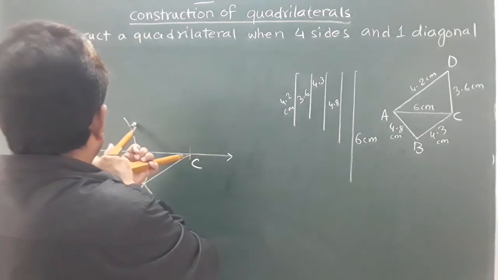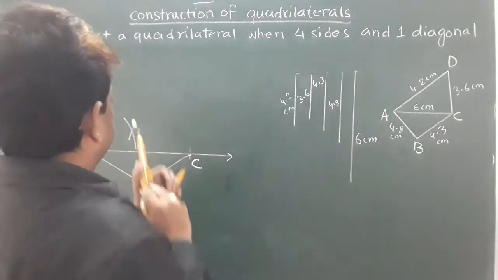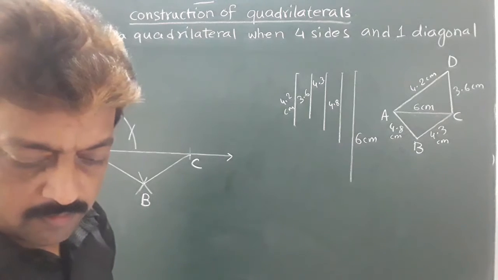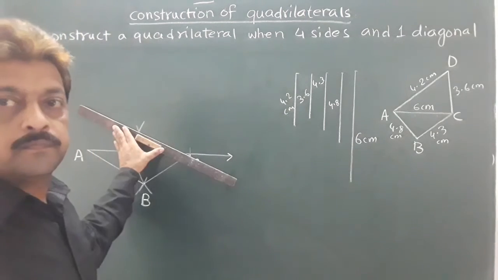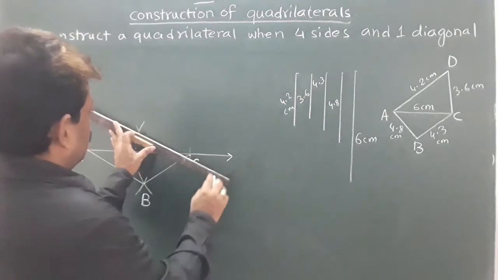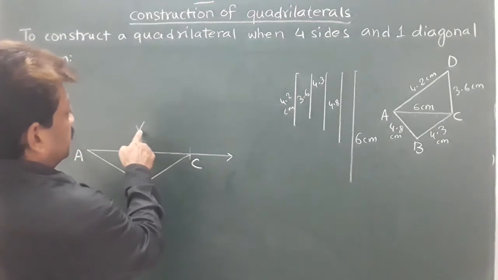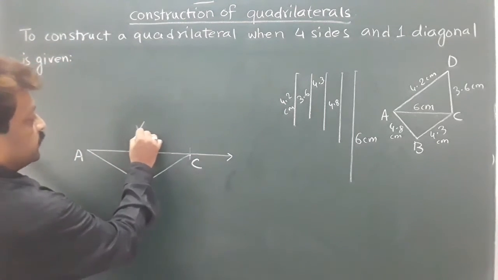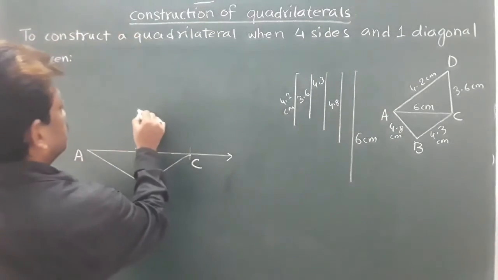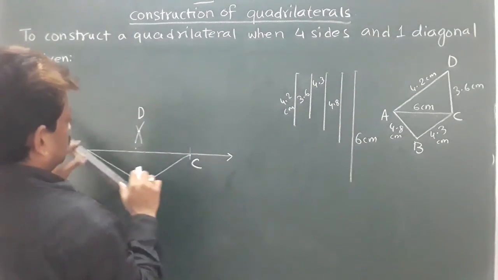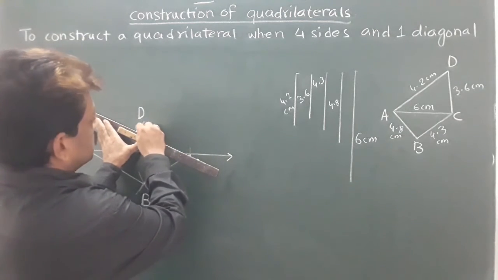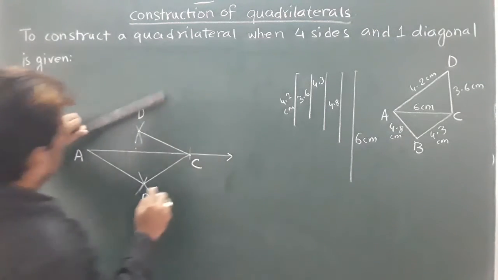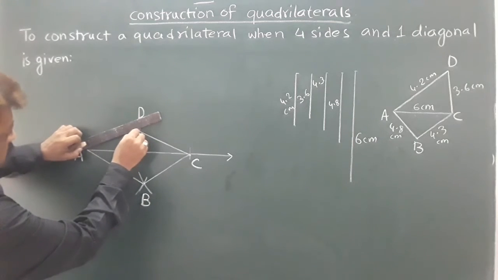It is intersecting here. So the arcs drawn from A and C meet at this point. That is D. Now join CD and AD. This is CD and this is AD.